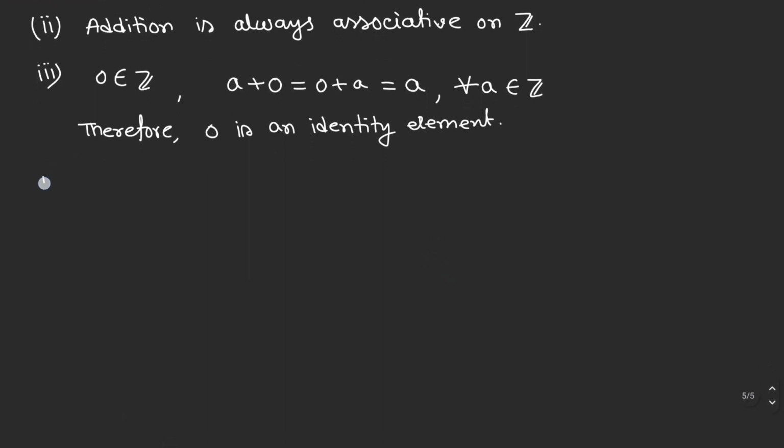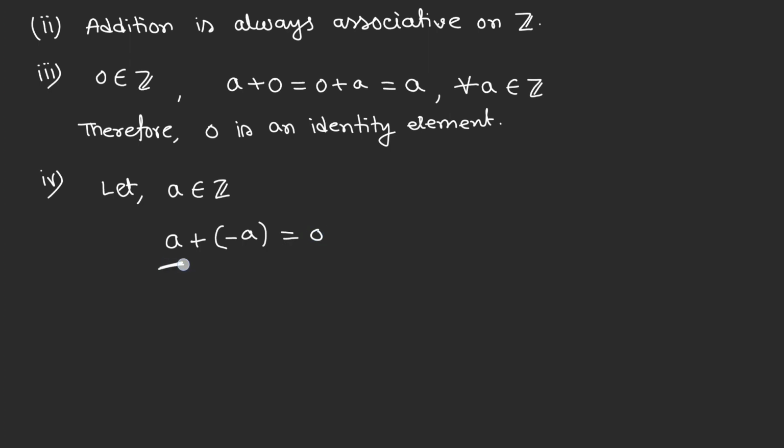Now the last one, number 4, you have to find the inverse element. Let a belong to Z, the set of integers, and you need to find an element so that if you apply the operation addition, you will get the identity element 0. If I change the sign, a plus minus a, you will always get the identity element 0.